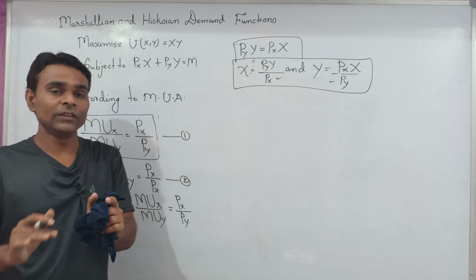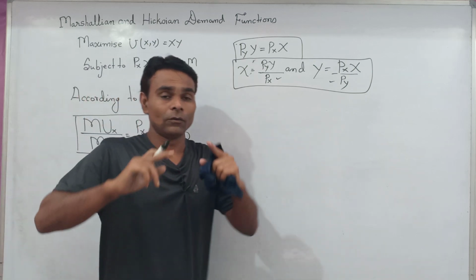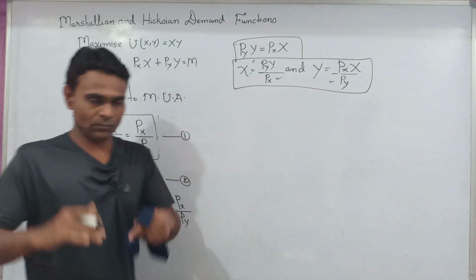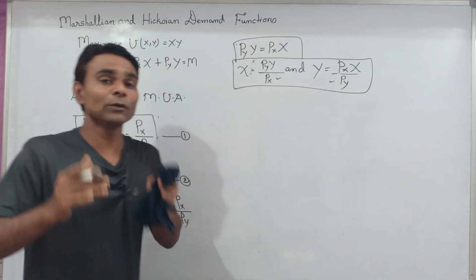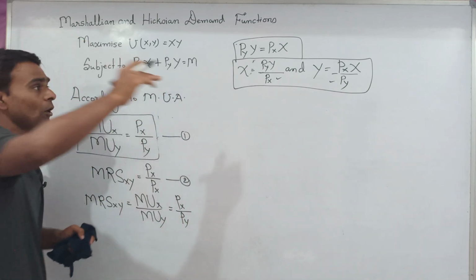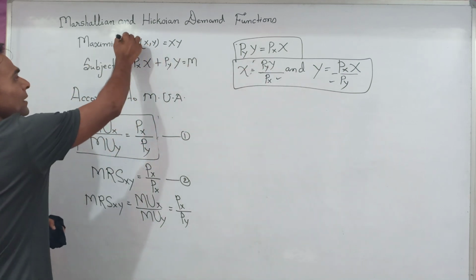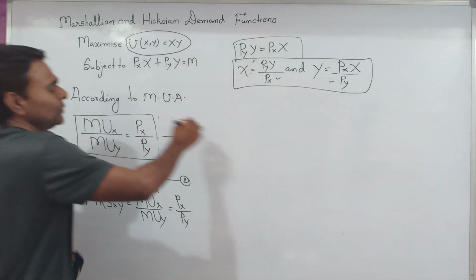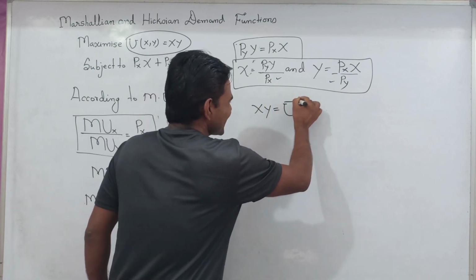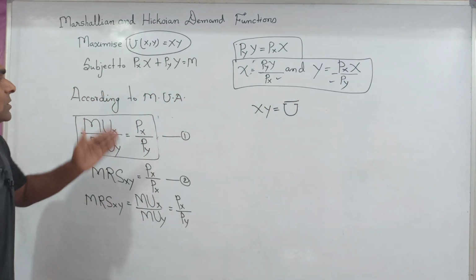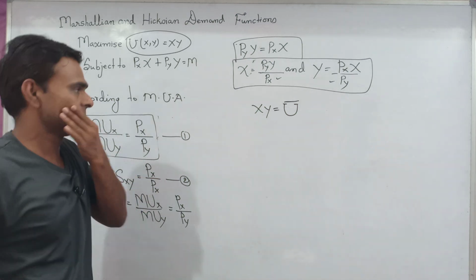But now we are interested in the derivation of the Hicksian demand function. We have to substitute the value of x and y in the fixed level of utility. X and y equal to fixed level of utility because utility is maximized.